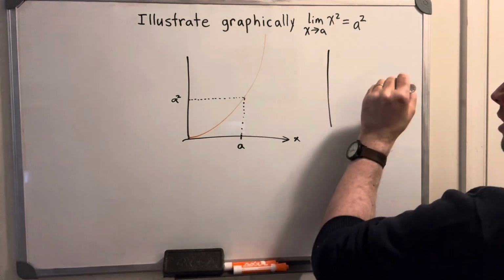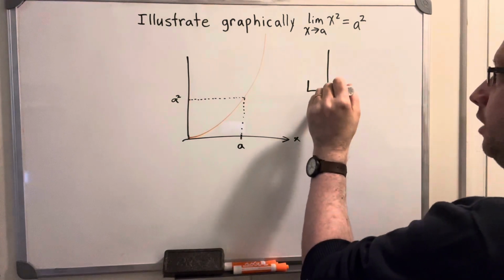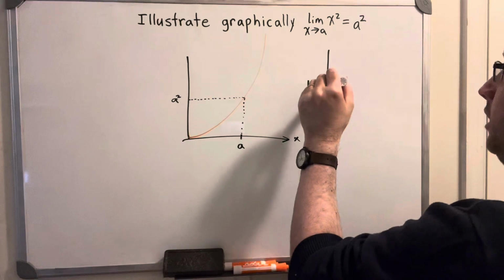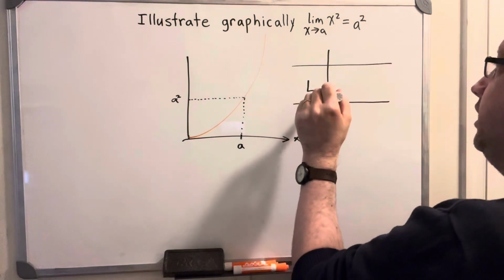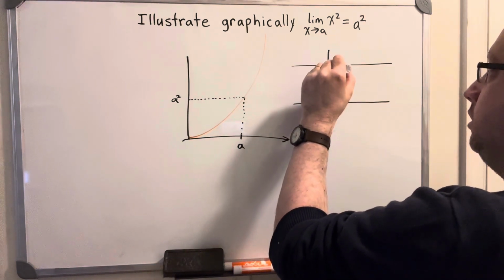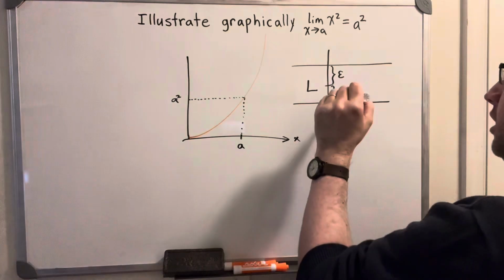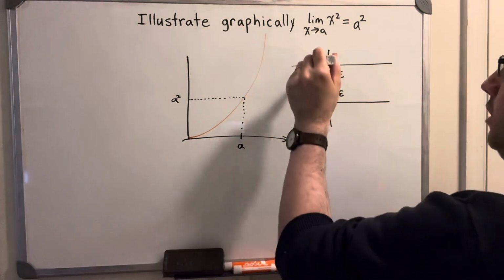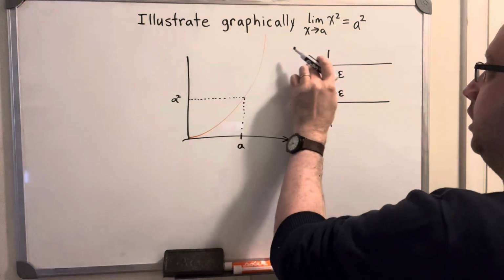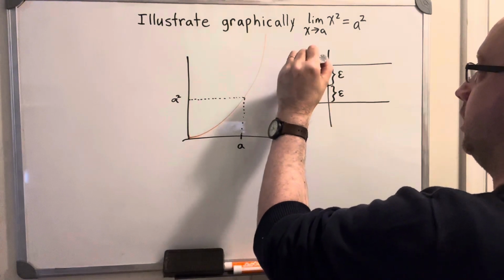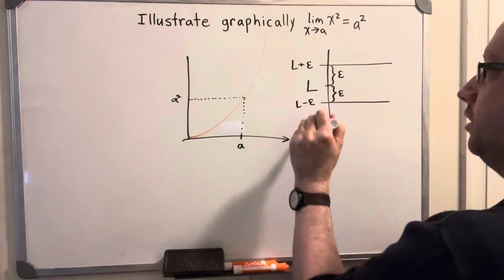Let me draw something over here. If we're saying that the limit of a function is L, some value, and we can place bounds above and below L with a small positive number, an arbitrarily small positive number, epsilon. So what would this value be? If L is here and epsilon is a positive value, this would be L plus epsilon. This would be L minus epsilon.